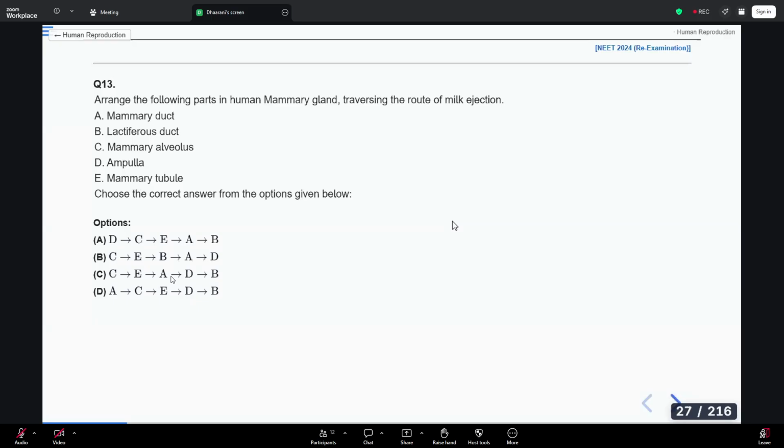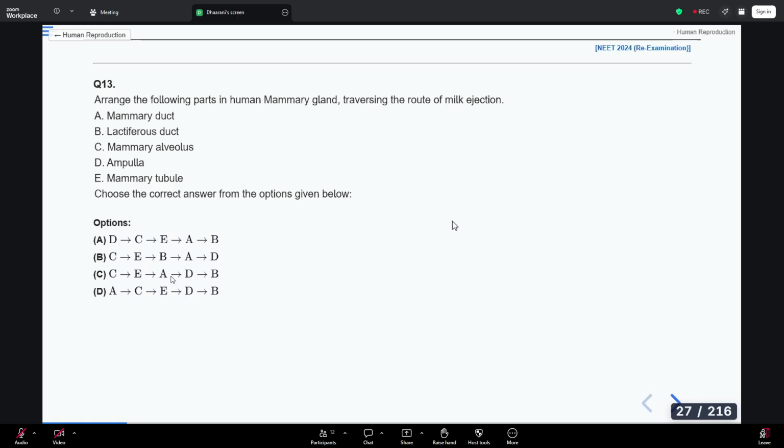Arrange the following parts in the human mammary gland, traversing the route of milk ejection: mammary duct, lactiferous duct, mammary alveolus, ampulla, then mammary tubule. So choose the correct answer.